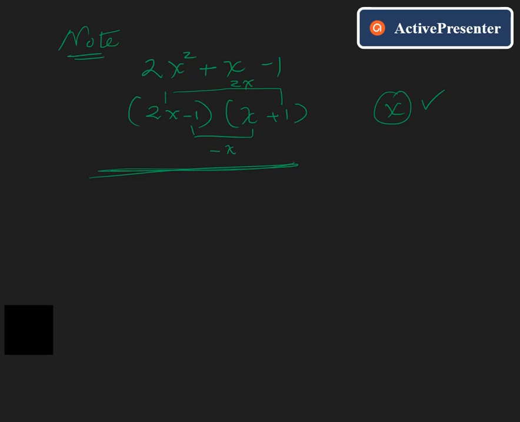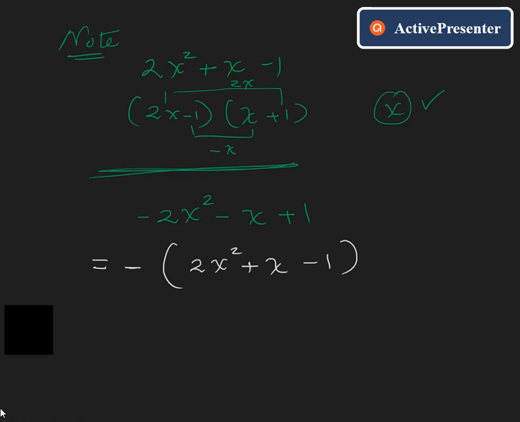Suppose a question said factor minus 2x squared minus x plus 1. Now this is maybe weird, however, you can do this. Take the negative outside, the additive inverse of this one. If you take the negative outside, then this should be 2x squared plus x minus 1.